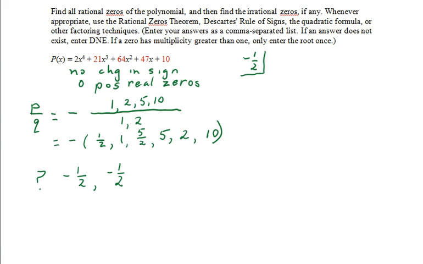So we start out with the coefficients 2, 21, 64, 47, and 10. -1/2 times 2 is -1, plus 21 is 20. -1/2 times 20 is -10, plus 64 is 54. -1/2 times 54 is -27, plus 47 is 20, times -1/2 is -10.